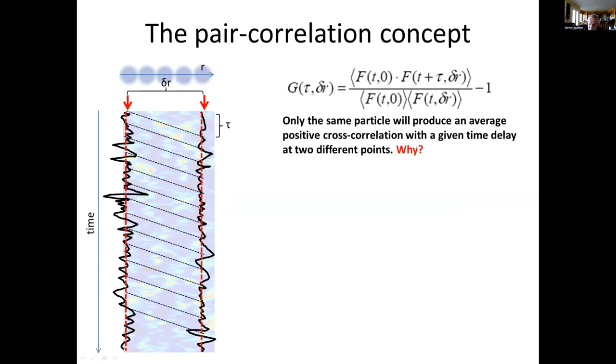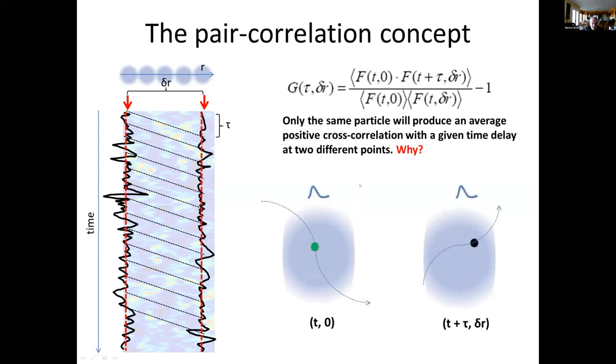And why is that? This is the difficult part of the thing. So suppose those are the 2 volumes. One will be here and one will be at a different position. Now, clearly, I have one particle passing through that observation volume, and I will have another, different particle passing in this other, but there is no time relationship between what will happen with the green particle here and the black particle there.